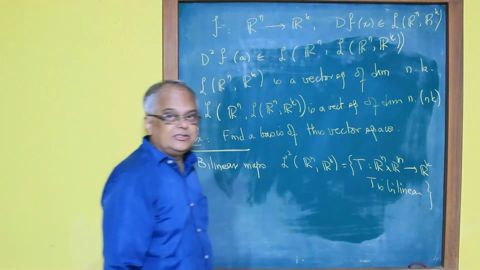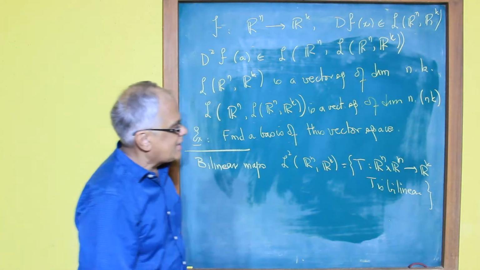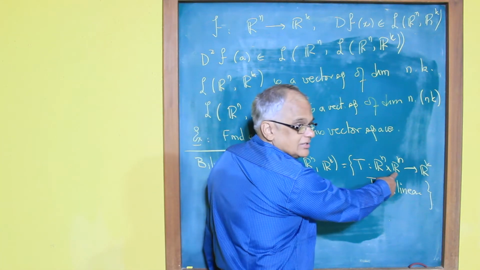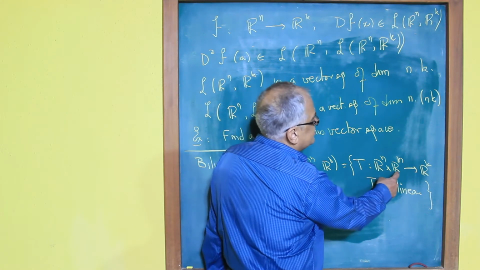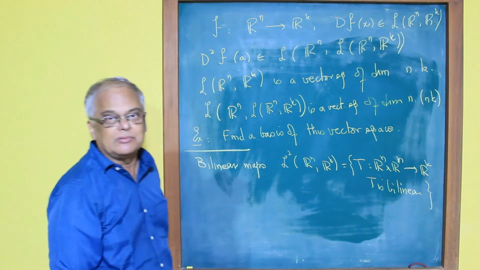What does bilinear mean? Let's remind ourselves. When I keep this variable fixed, T is a linear map in the other variable, and when I keep that variable fixed, T is a linear map in this variable.